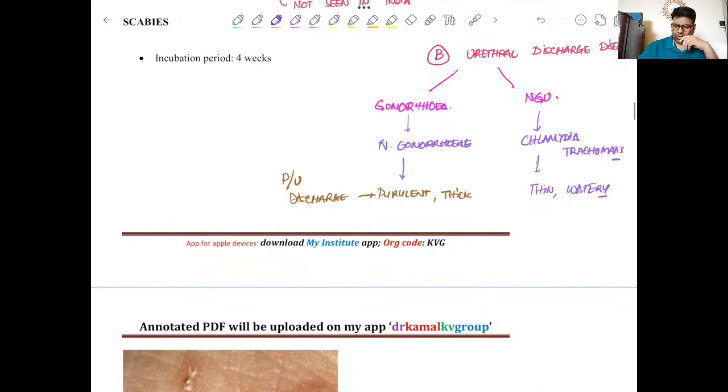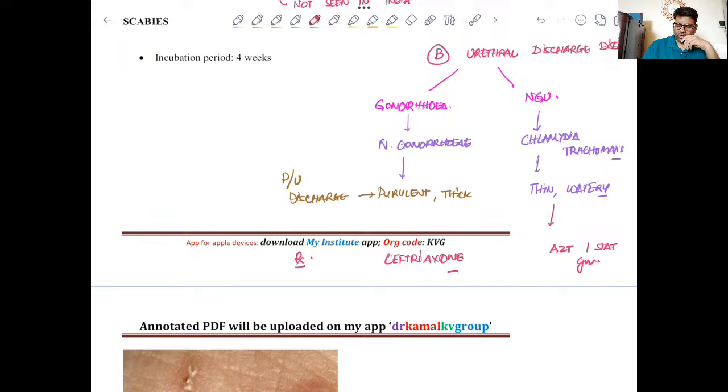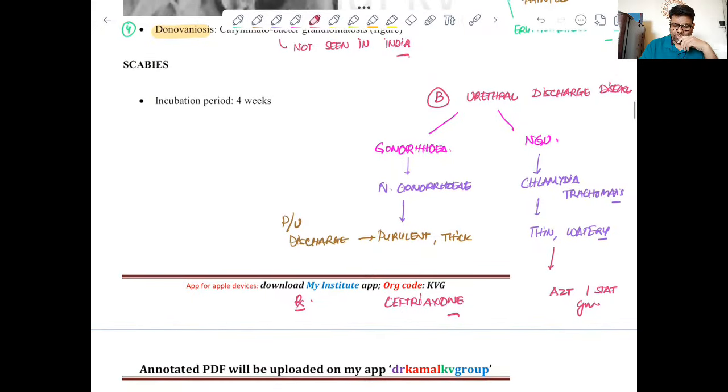So this is how clinically we can differentiate. Now coming to the treatment, we can give azithromycin 1 gram stat, right, and we can give ceftriaxone here. Okay. So anyway, this is in short about urethral discharge diseases.